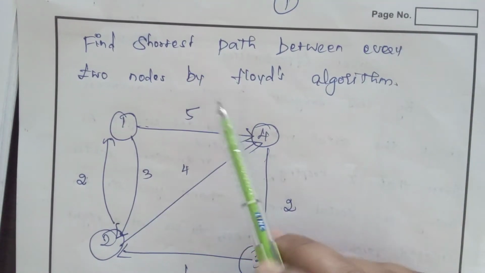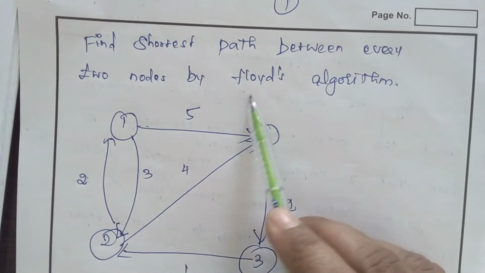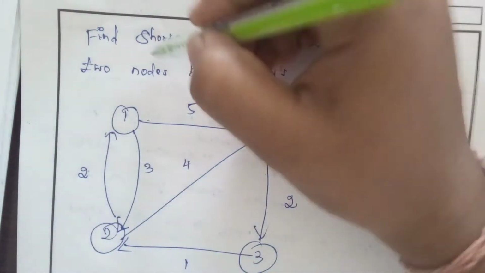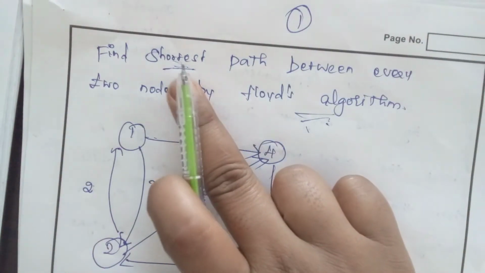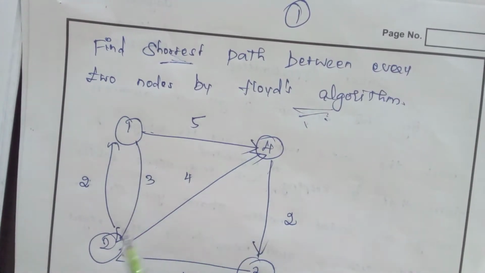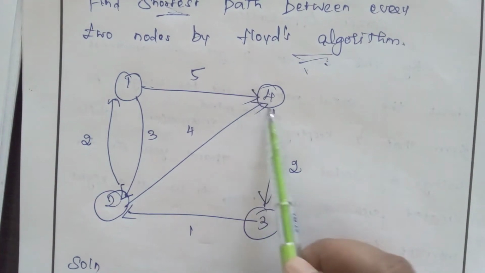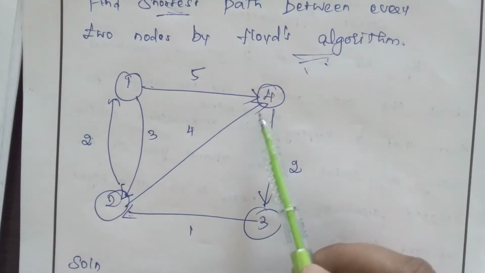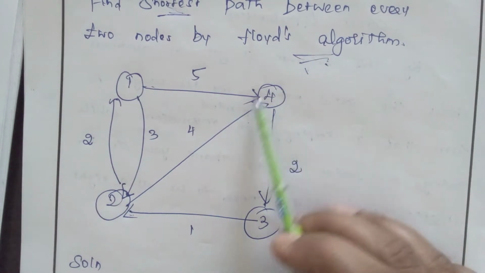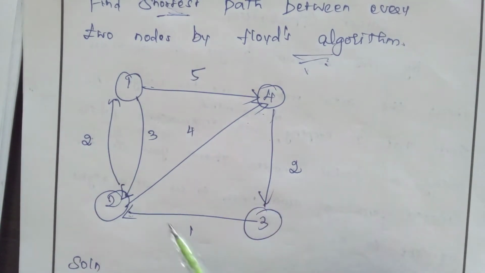I am going with a problem: find the shortest path between every two nodes by Floyd's algorithm. Our goal is to find the shortest path for the nodes, which is the shortest way for a particular node. This is a directed graph, since there are arrow symbols. These are the nodes and edges, with weights 3, 4, 5, 2, 1, 2.